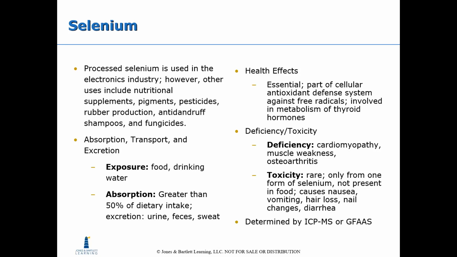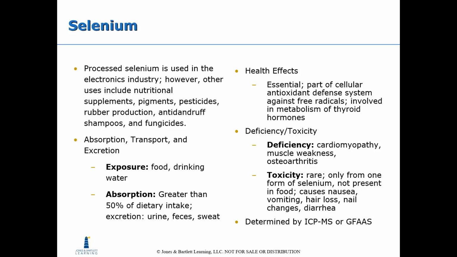Selenium. Processed selenium is used in the electronics industry. However, other uses include nutritional supplements, pigments, pesticides, rubber production, anti-dandruff shampoos, and fungicides. Absorption, transport, and excretion. Exposure through food and drinking water. Absorption, greater than 50% of dietary intake. Excretion, urine, feces, sweat. Health effects: it is essential.